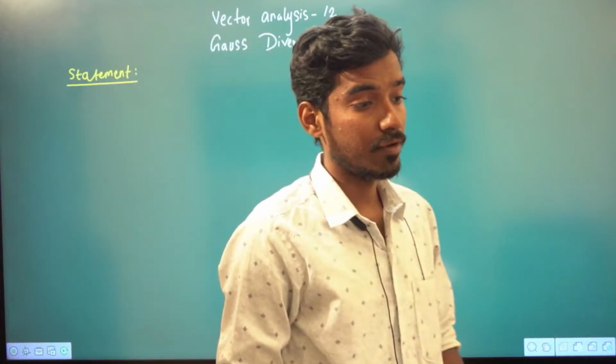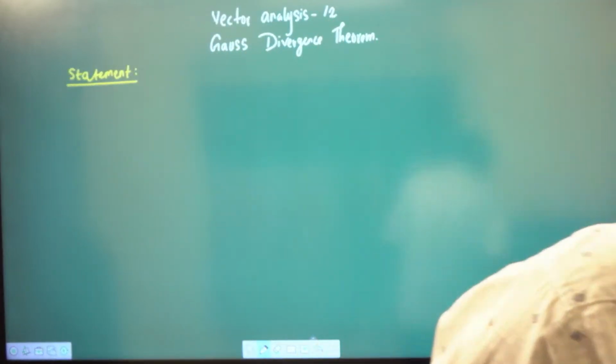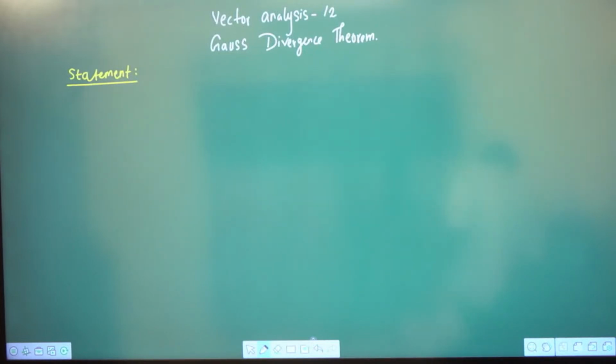I hope everyone had an idea about line integral, surface integral, and volume integral, right? Just go through those notes. I have already completed all those, but you might have forgotten, so please go through the notes also.